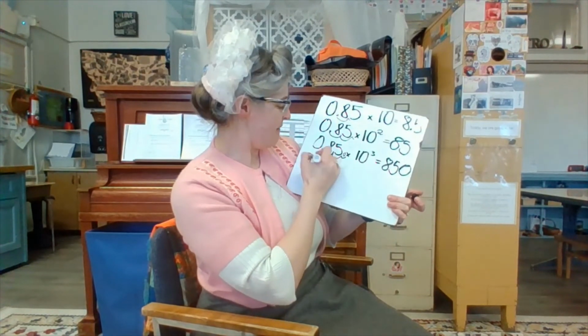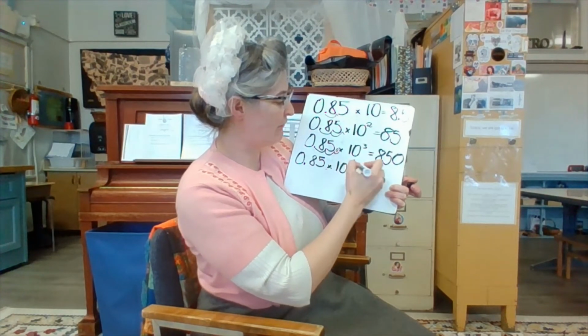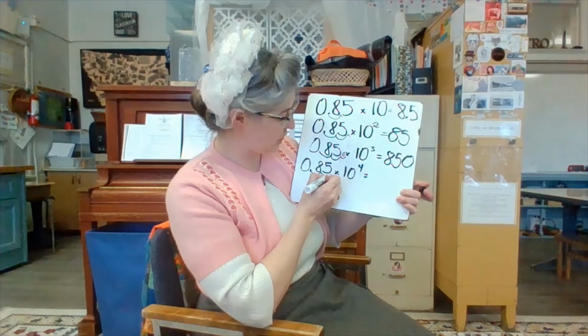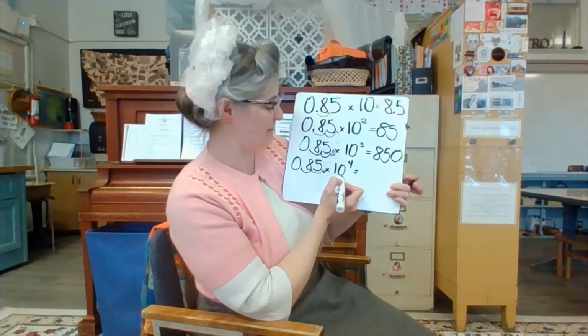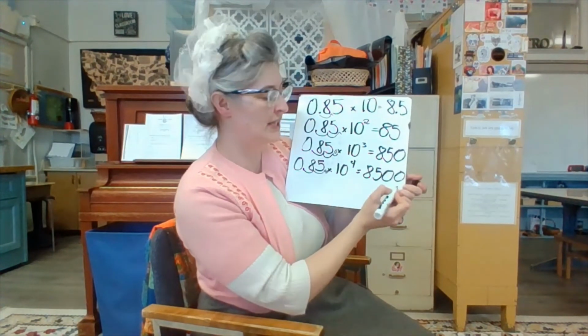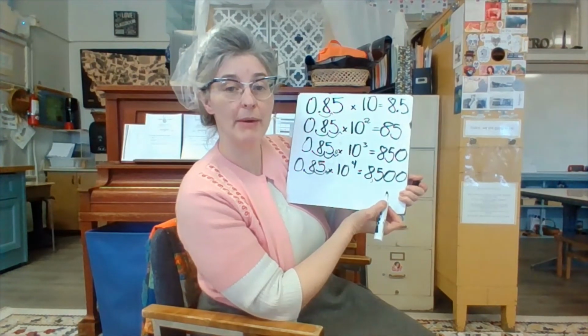What if I have 85 hundredths times 10 to the 4th power? Oh, I'm going to move it 4 places. 1, 2. Oh, I got to add 2 zeros. 2, 3. All right, 3, 4. I now have 8, 5, 0, 0. Find where my decimal is, count over 3, put in my comma.